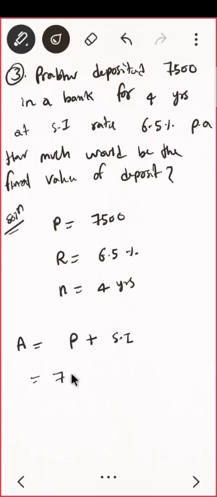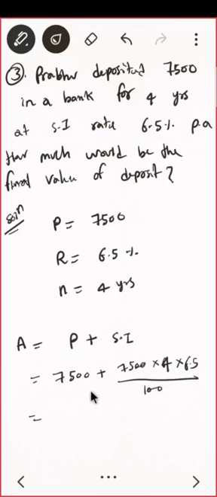So you may do one thing. You can first find the simple interest, then you add it. That is also acceptable. Or if you want to solve it like this, then also you can, whatever is okay to you. What is simple interest? 7500 into 4 into 6.5 divided by 100. You just calculate. This cancels, and multiply this and add with this 7500.